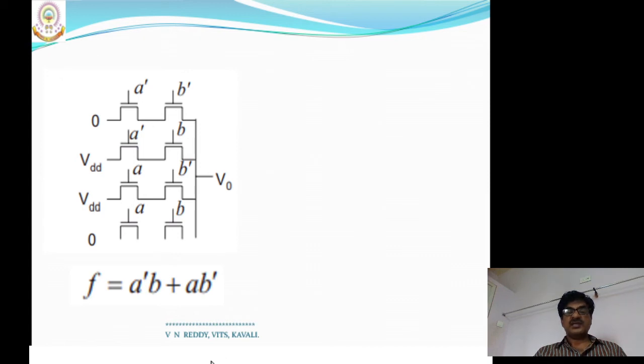In the logic diagram, for the transistors with reference to the other two terms, the input value is 0, whereas the function consists of the product terms a' b and a b'.